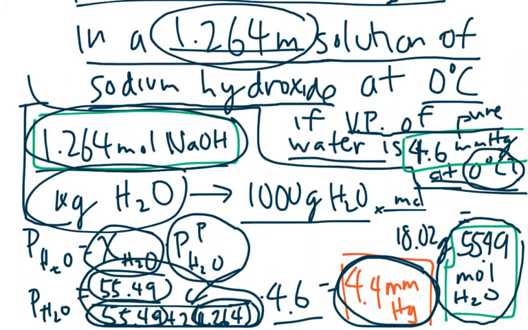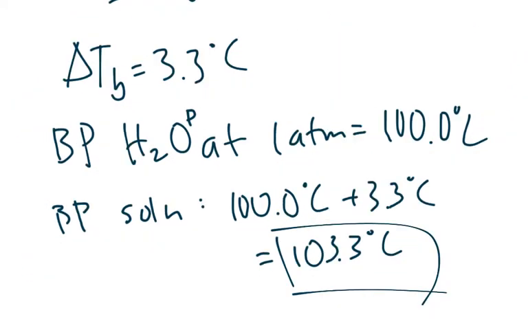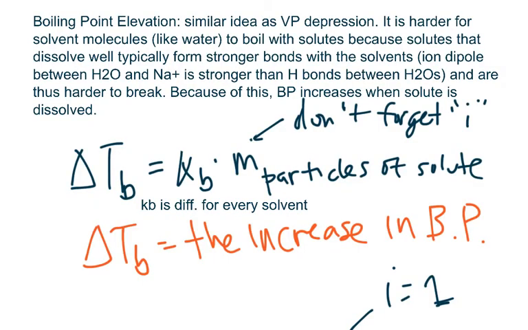So, that's cool, right? Well, let's move on to our second colligative property. This one is known as the boiling point elevation. So it's similar to the idea that the vapor pressure decreases upon adding solute.